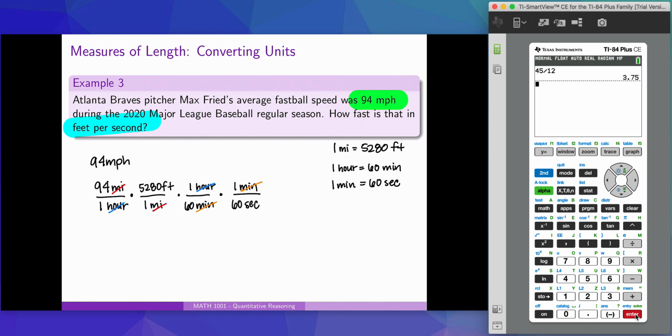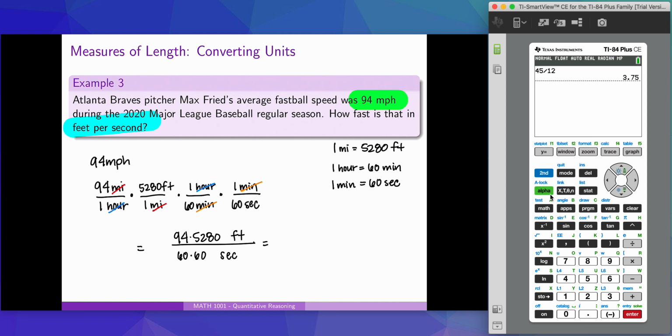So now I can do my multiplication. So this will be equal to, on my numerator, I see that I have a 94 times a 5,280 with feet. And on my denominator, I see some ones, but I see a 60 times 60 will be my seconds. So I need to plug that in my calculator.